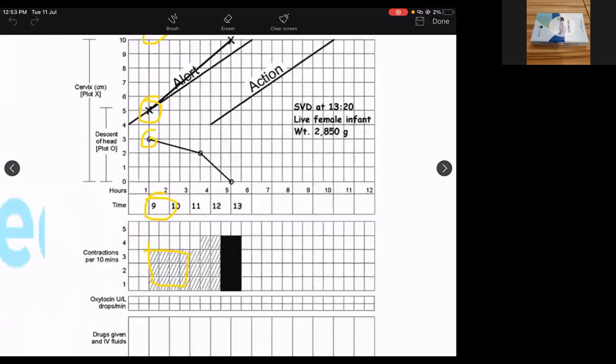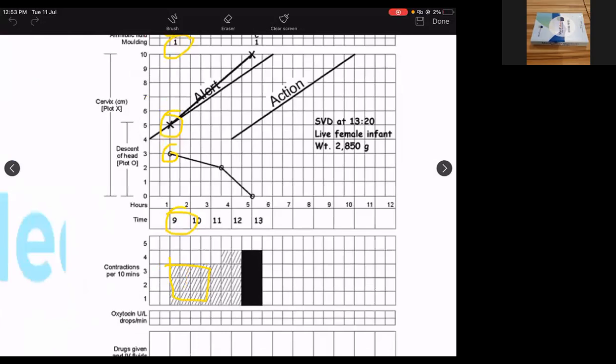And then, of course, at 120, you examined her at 12. Then at 12, she was at full cervical dilatation. Then by 120, she delivered a live female infant weighing 2.85, sorry, 2,800 grams.